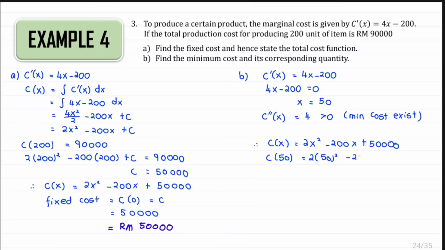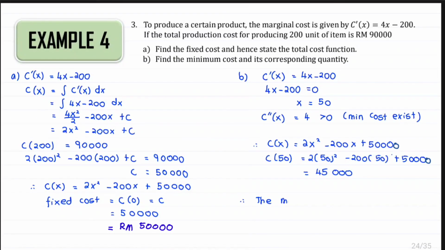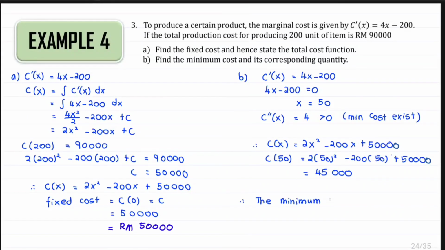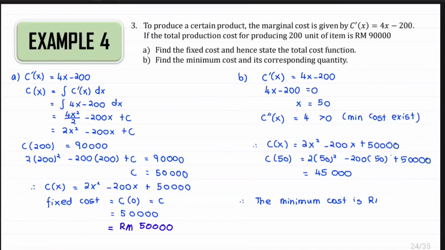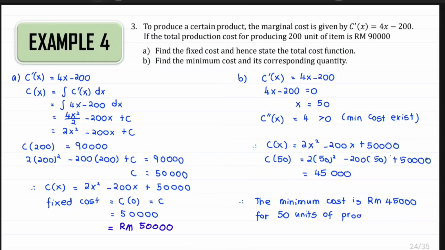Then we solve and get the answer 45,000. We conclude the minimum cost is RM 55,000 for 50 units of production level.